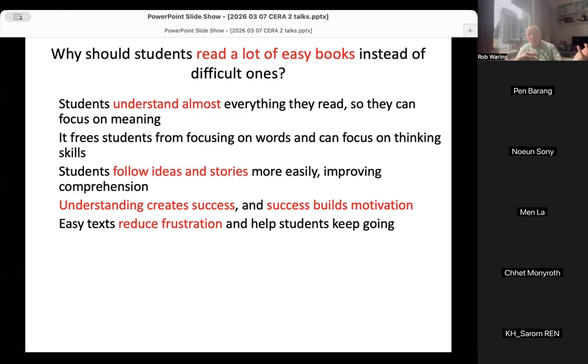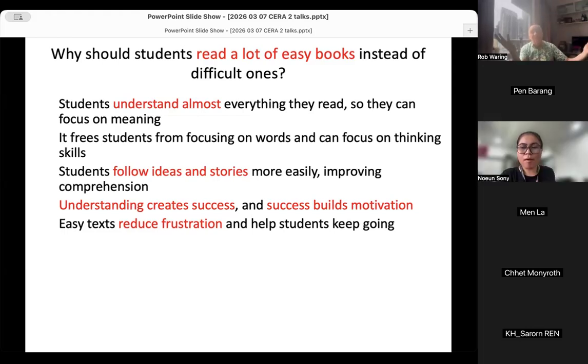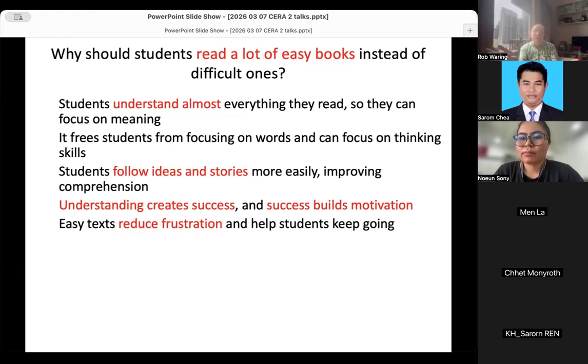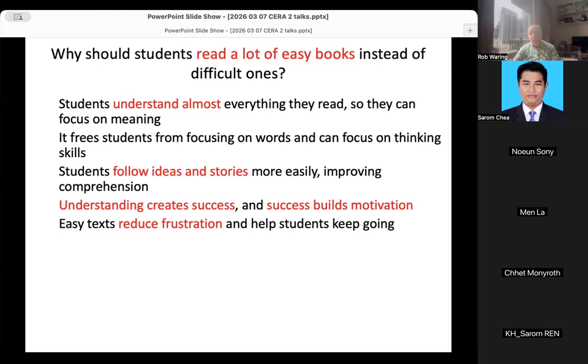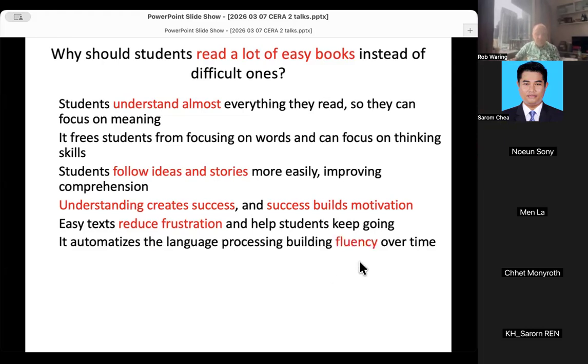And so they go back and look at what they did last month, or two months ago, and go, I just don't remember because it was difficult. I just feel that this reading is too hard for me. English reading is no good. And so by only doing study reading, we're likely to create students who will hate reading. And that's a big problem. So we have to get them to reduce frustration.